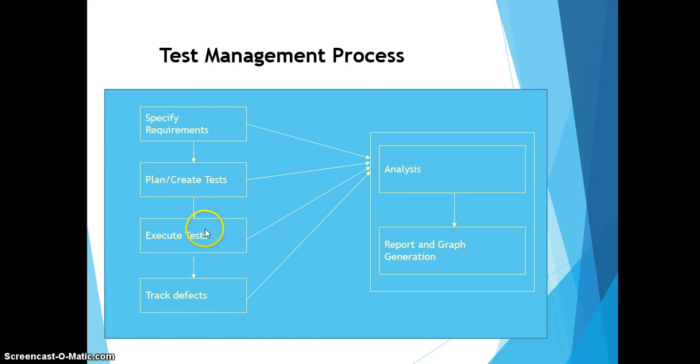From there you go to defects. So basically, when the planned and the actual outcomes of the test case that you executed do not match, those are the defects which you log in Quality Center, and thereafter you can create reports and graphs.